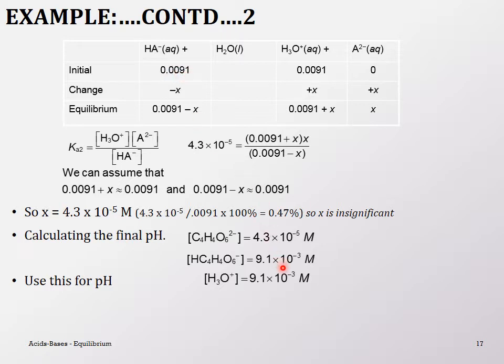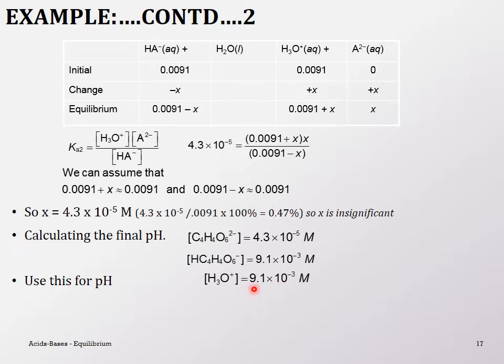That is what you calculated. And the hydronium ion concentration is 9.1 times 10 to the negative 3, which if you add 4.3 times 10 to the negative 5 to this, it's almost meaningless, because that's 0.00004. It's a very, very small amount, so it doesn't make even a dent in 9.1.